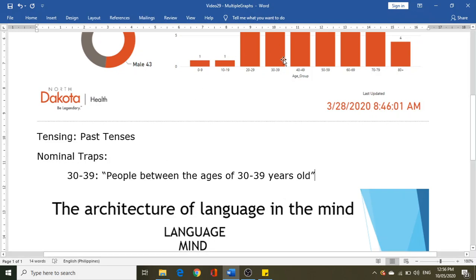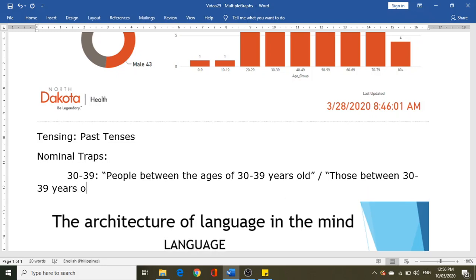But when you look at the graph, what you only see is 30 to 39 because, like I mentioned, labels in graphs like this are highly contracted. You cannot copy paste these labels into a proper essay. So in your essay, this is how it should look: people between the ages of 30 to 39 years old, or maybe something like those between 30 to 39 years old.